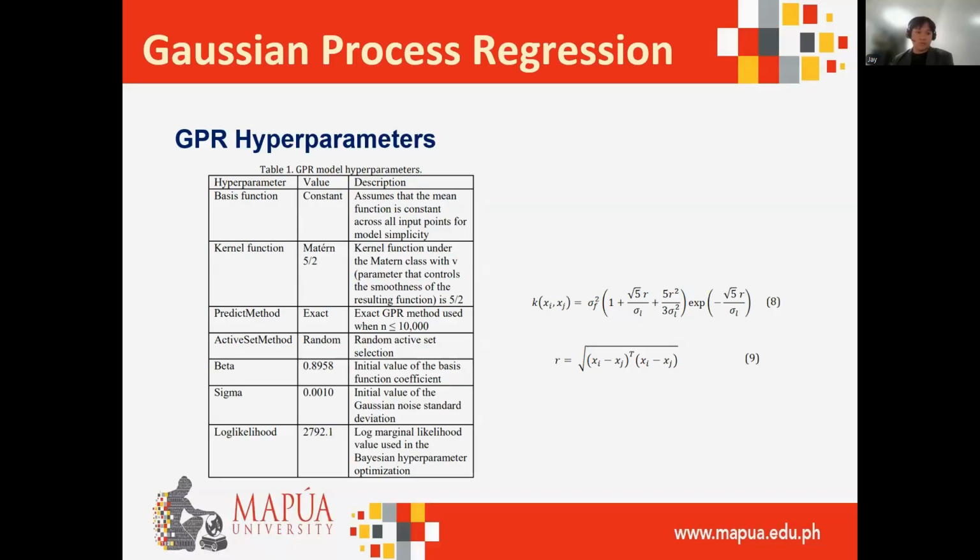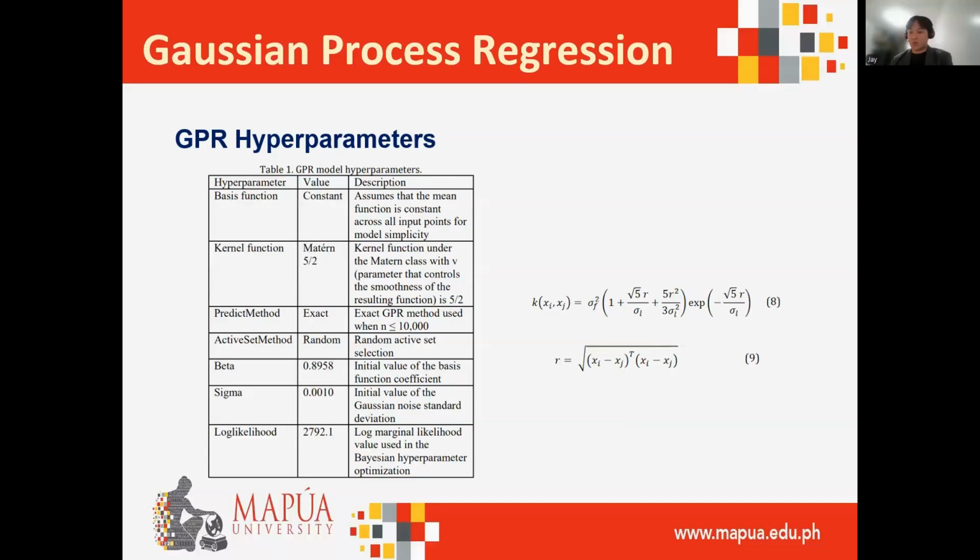Specifically for the kernel function, this work used the Matern 5/2 covariance function, which is a generalized form of the radial basis function kernel with nu equal to 5 over 2. That means it's a twice differentiable function that is less smooth than RBF, but more suitable for moderately smooth trends, such as that observed in the dataset used in this work.